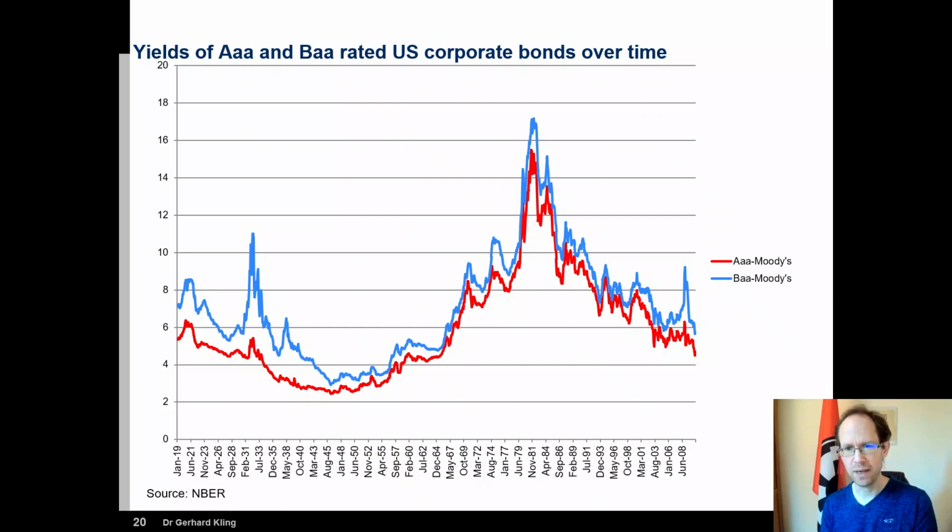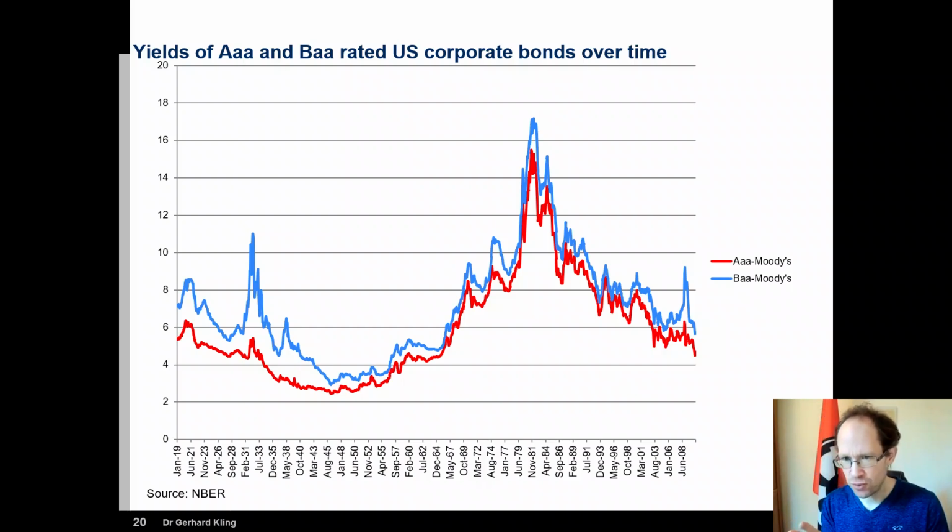You would of course expect that if you have a weaker rating, you have a higher yield because you need to compensate bondholders for the increased risk of default. But of course the yield differences, which is the spread, change quite a bit over time. And that is something to note.